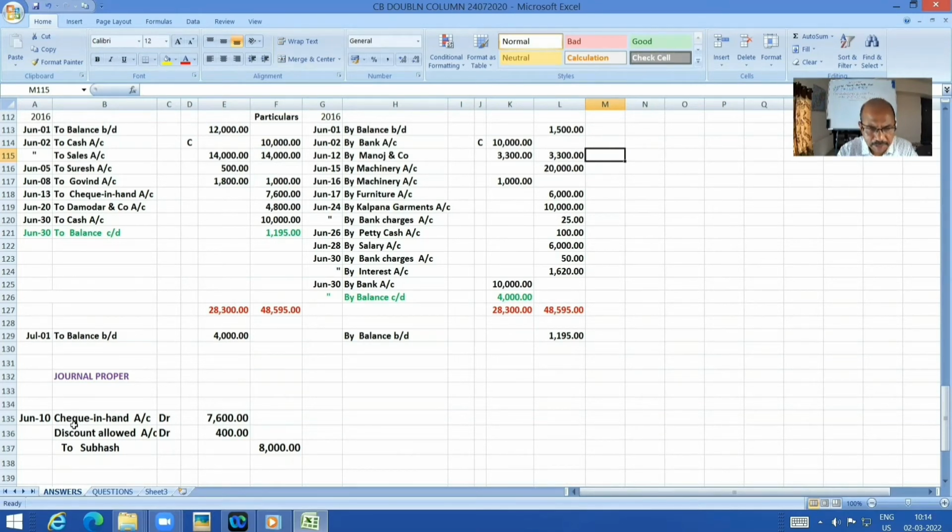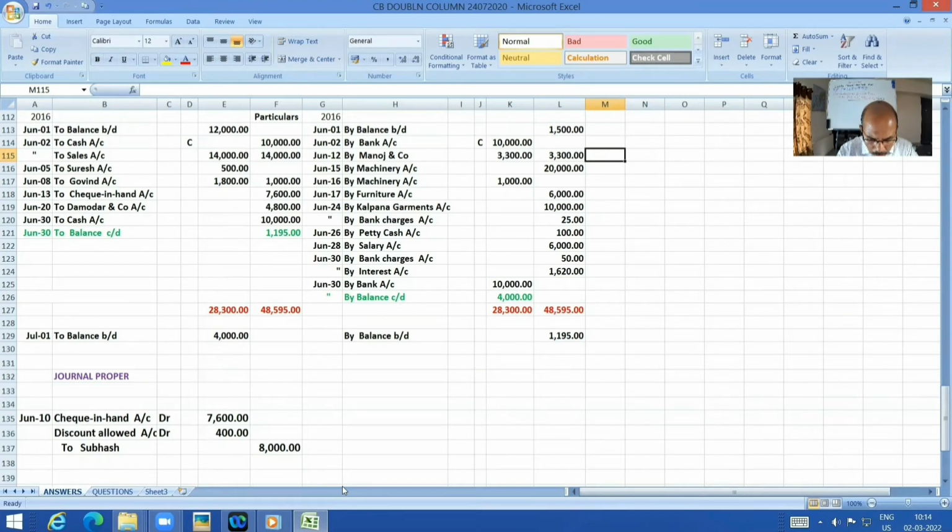If at all I have done it, it's by mistake only. Inadvertently, I have done it. It doesn't have a place as such in the journal proper. It has a place in the concerned day book, maybe the purchase day book or sales day book, as the case may be, right? But anyway, it doesn't get qualified in the cash book. I explained it for students to understand how it will be dealt with otherwise. Okay, thank you. Next one.